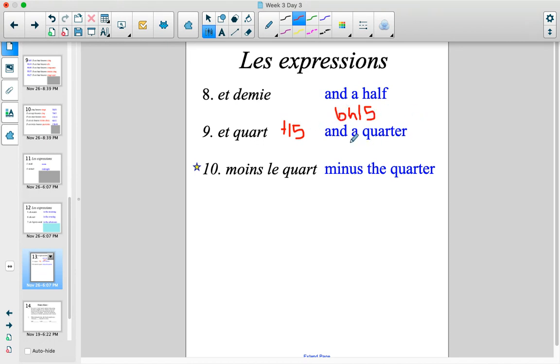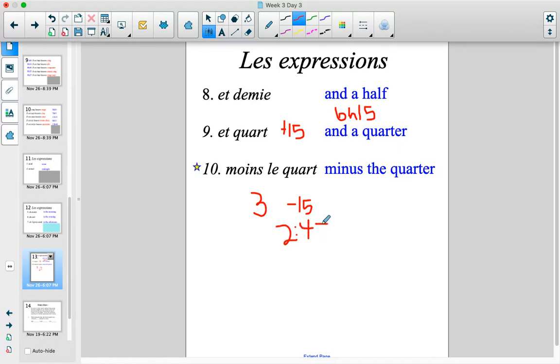So you know how when people say a quarter after 3? That means 3:15. If we say moins le quart, minus the quarter, we would say, il est 3 heures moins le quart. So they're saying it's 3 minus 15, which would be actually 2:45.